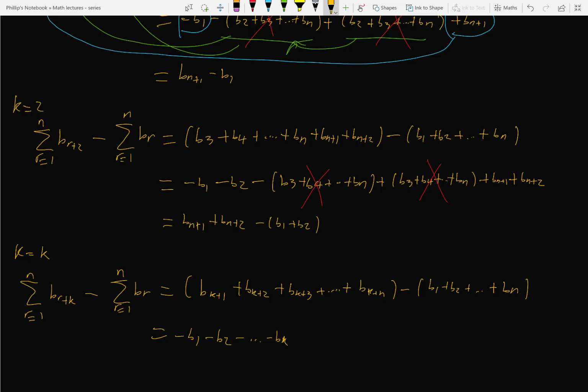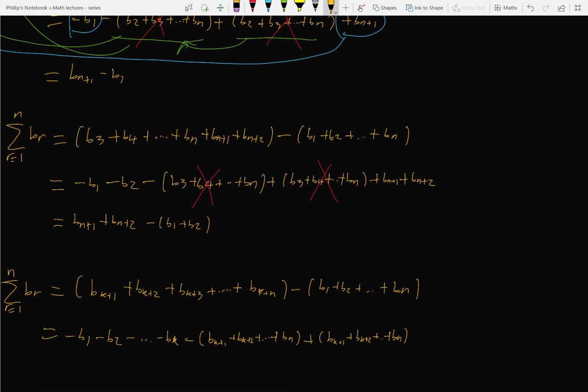And then we're going to have minus b(k+1) plus b(k+2) plus ... bn, and then plus b(k+1) plus b(k+2) plus ... bn, and we're going to have all the terms after that now, so plus b(n+1) plus b(n+2) plus ... b(n+k).